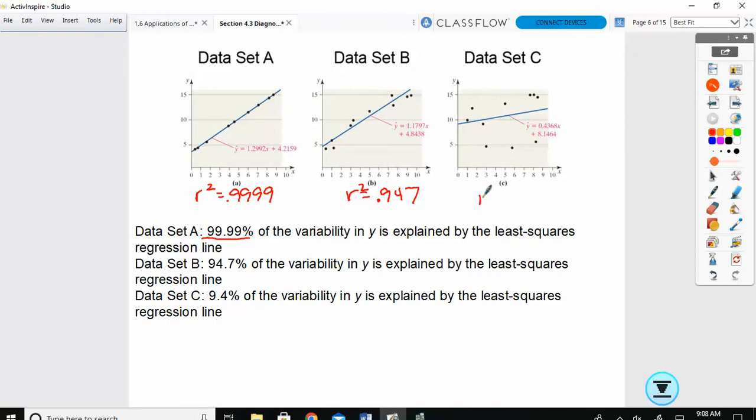See, we can tell that's a pretty horrible line. That one was an R squared of 0.094. That one wasn't very linear at all. So the less linear it is, the smaller the R squared will be. Really just the same thing that we already were looking at with our R's.